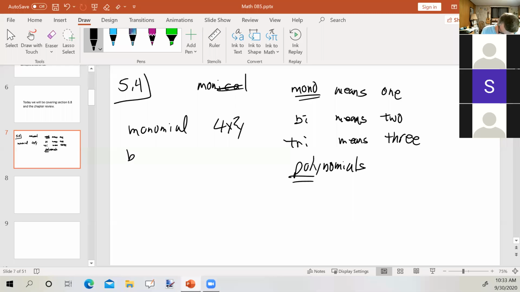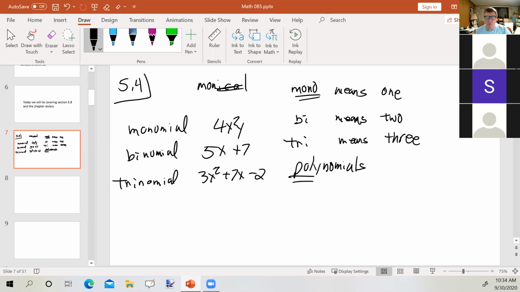We can have a binomial that has 2 terms, like 5x plus 7. We can have a trinomial that has 3 terms, like 3x squared plus 7x minus 2.